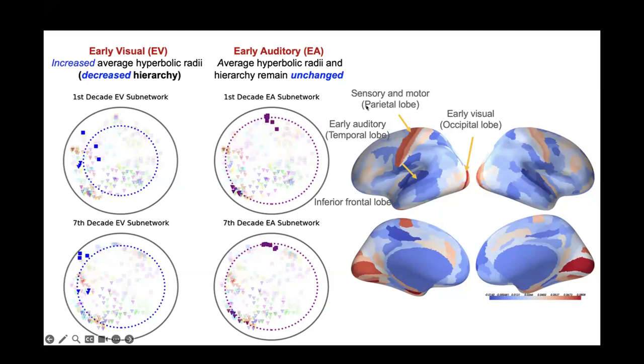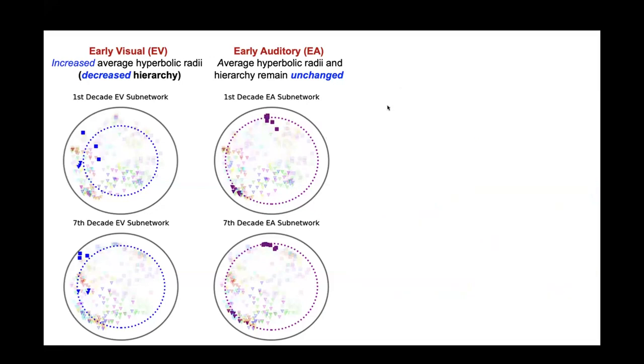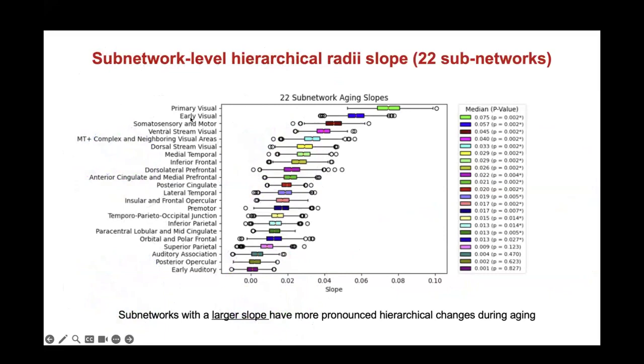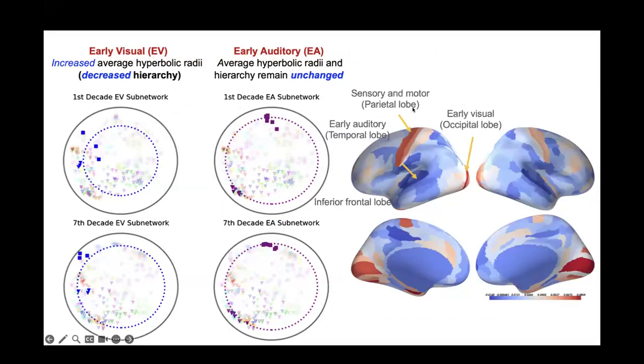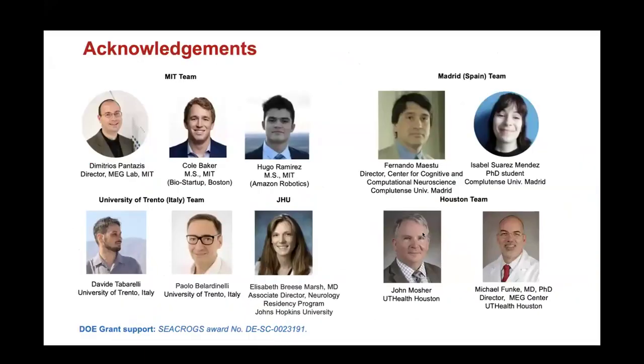And here, the sensory and motor is a second subnetwork we found has an increasing slope here. A larger slope means a decrease in the hierarchy. So these are the very important regions, basically the subnetwork level hierarchical changes for the human brain aging trajectories.